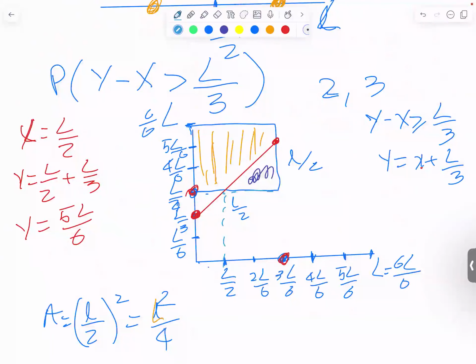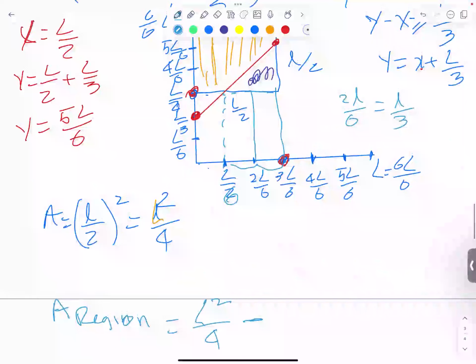And for the little triangle, let's see, if this is L over 6, and this is L over 6, then we have two more here. We get 1 and 2L over 6, which is going to be L over 3.